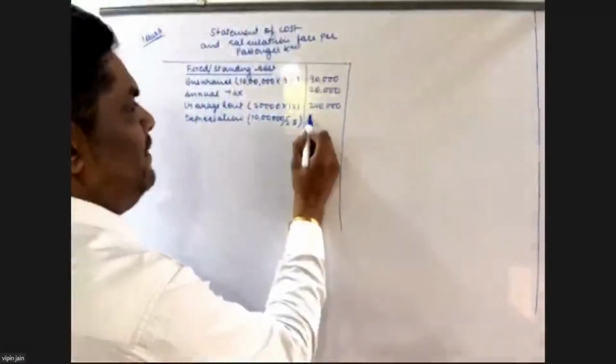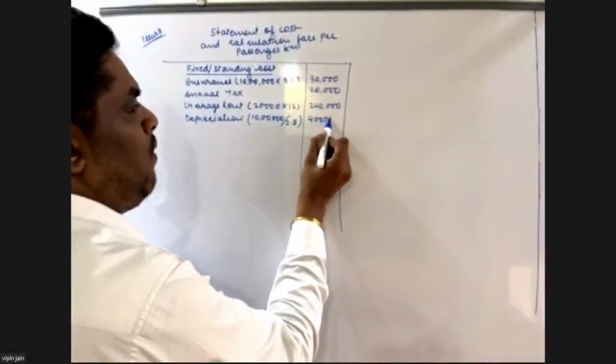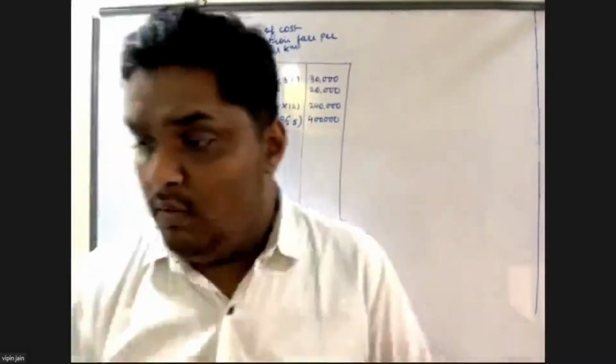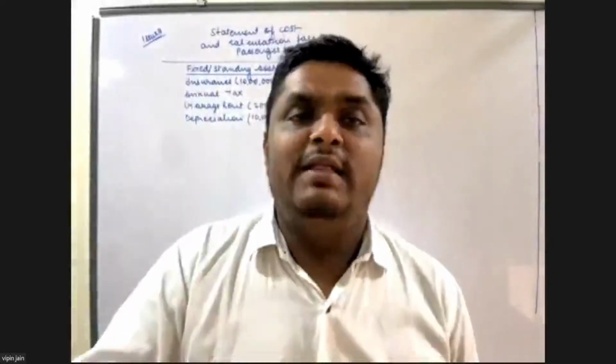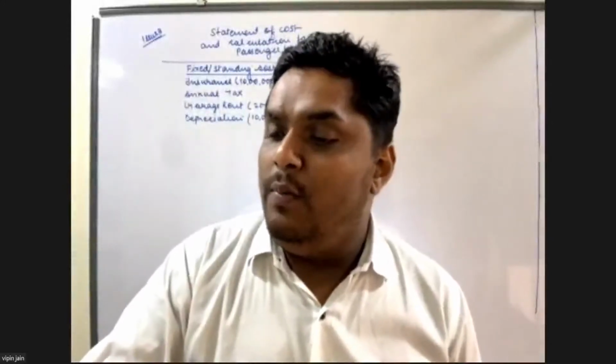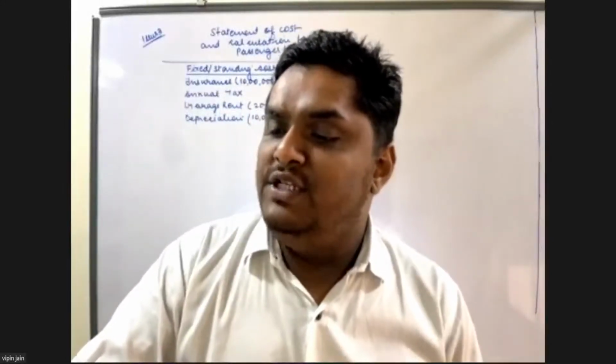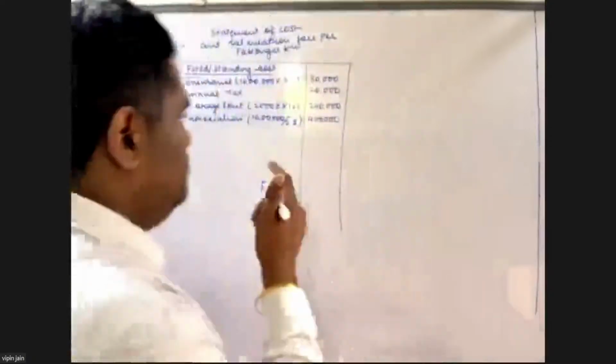The depreciation will be 4 lakh. Further, the driver and conductor are paid fixed salary and commission also. So the salary paid to driver and conductor will form part of fixed cost, and the commission will form part of running cost.